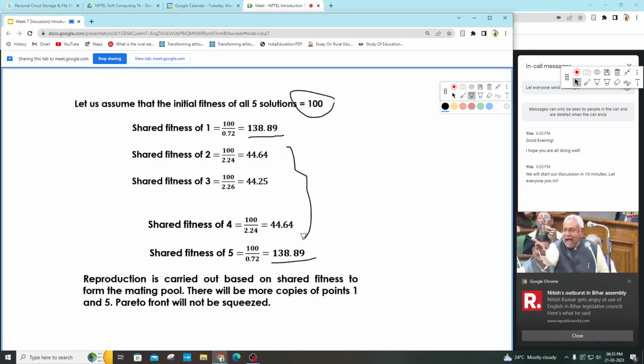But sharing fitness of all these 2, 3 and 4 are coming 44.64, 44.25, 44.64. So here we can clearly see that sharing fitness of 0.1 and 0.5 are greater than sharing fitness of all other points, so we will have more copies of 1 and 5 in the mating pool. So by this our Pareto optimal front will not be squished.